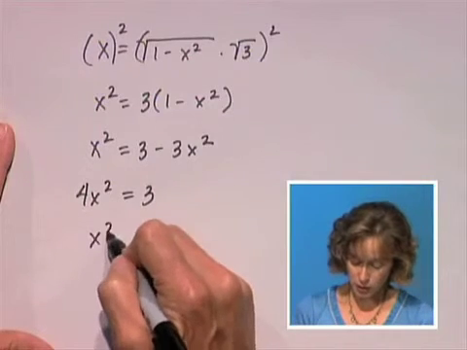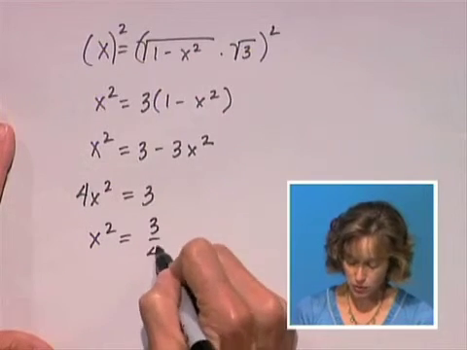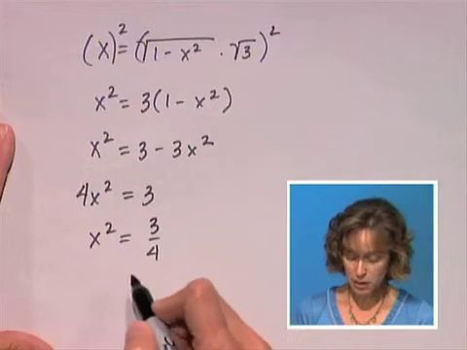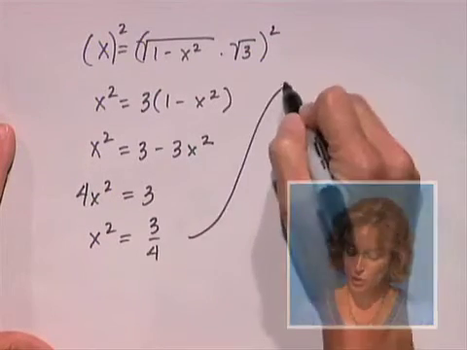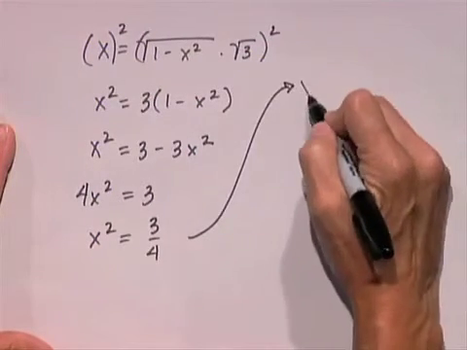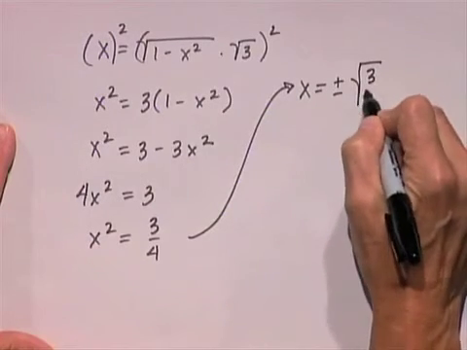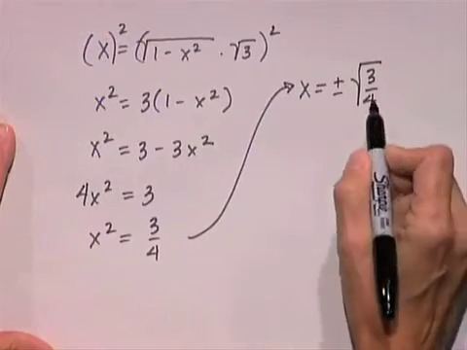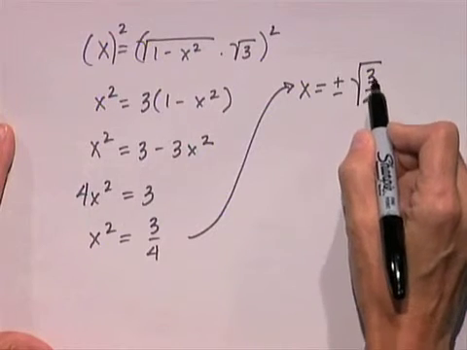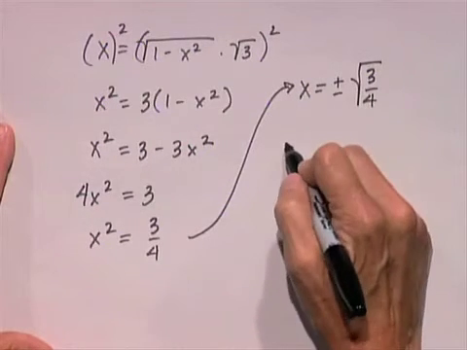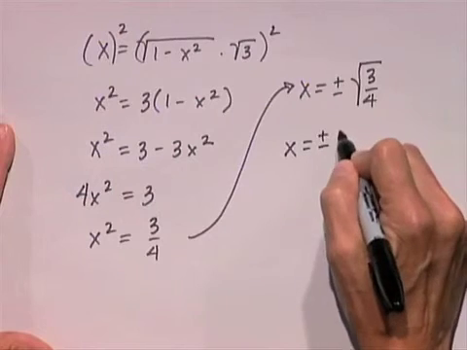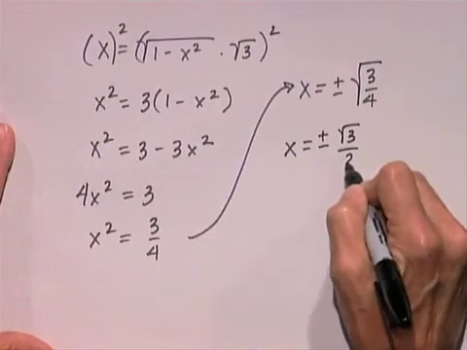Divide by 4, x squared equals 3/4. At this point, I need to take the square root of each side of the equation. That'll lead me to x equals positive and negative the square root of 3 over 4. There is an exact square root of 4, but not of 3, so I can write this as plus or minus square root 3 over 2.